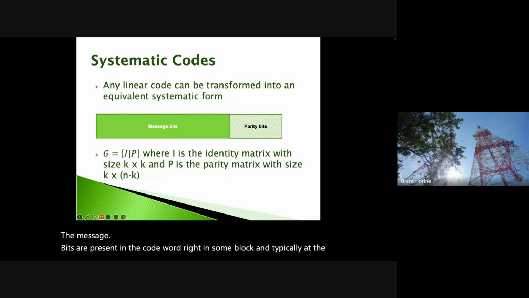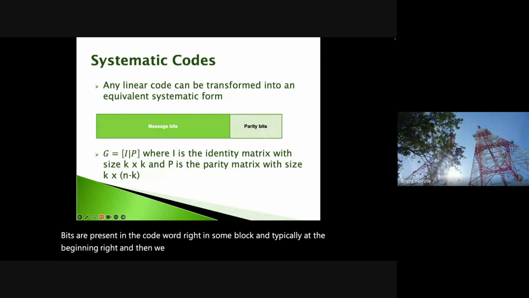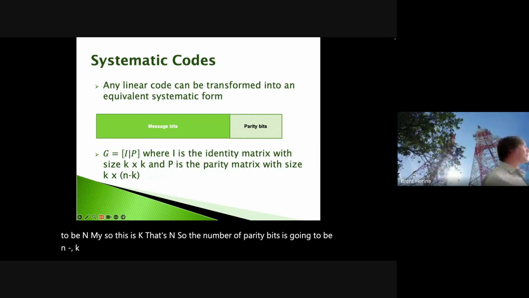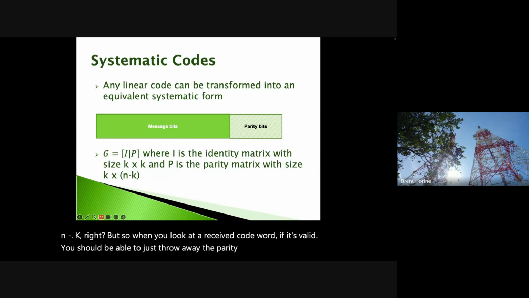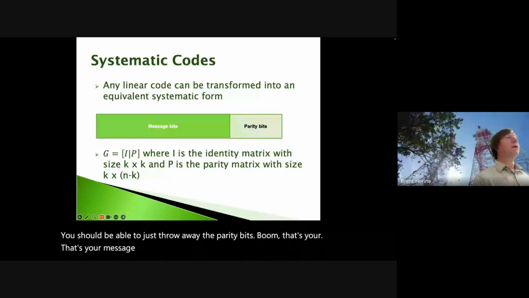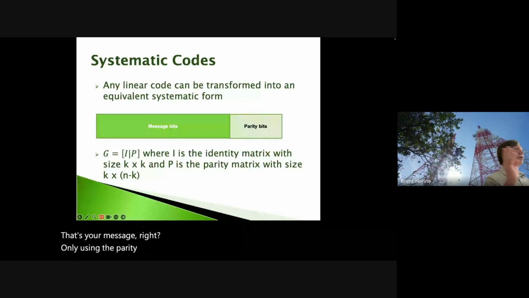And then we tack on these parity bits. So this is k, that's n, so the number of parity bits is going to be n minus k. When you look at a received code word, if it's valid, you should be able to just throw away the parity bits. Boom, that's your message. You're only using the parity bits to make sure that there were no errors in this process.